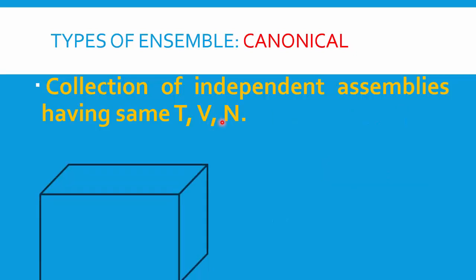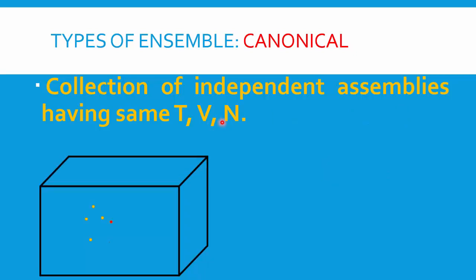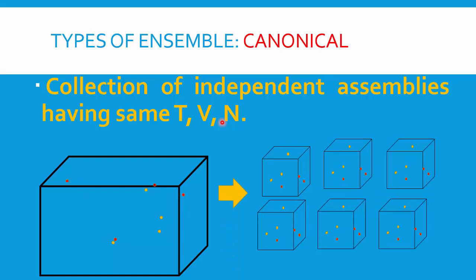So if you have particles in motion in a container and you transform the video into snapshots, every snapshot will have fixed information: the temperature, volume and number of particles. Every picture gives information about the same temperature of the container, the volume is constant, and the number of particles is constant.